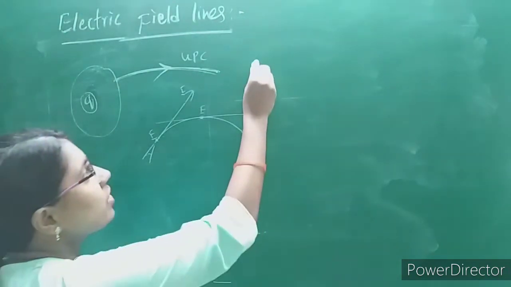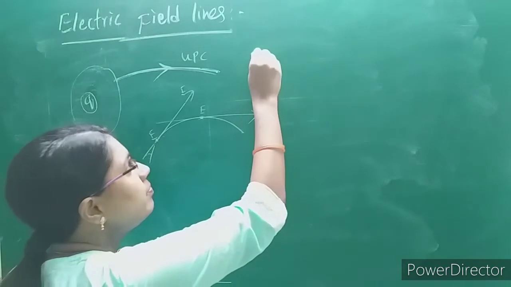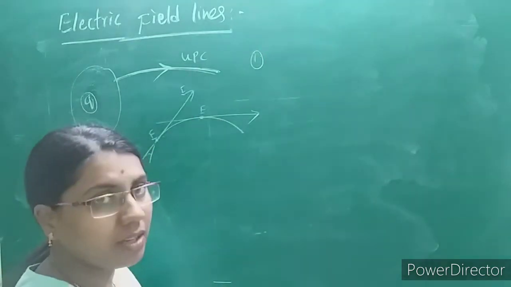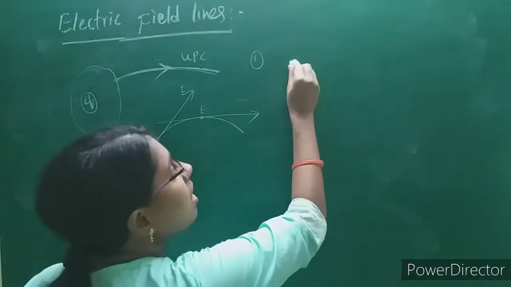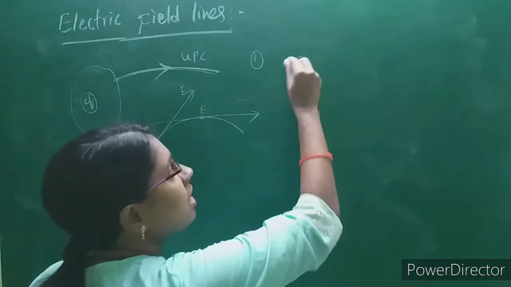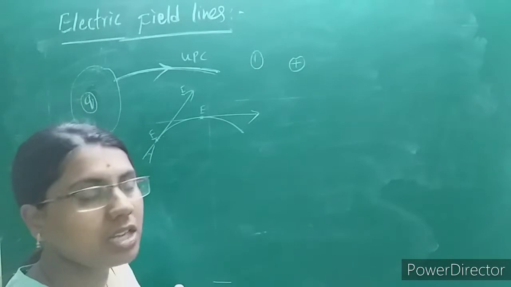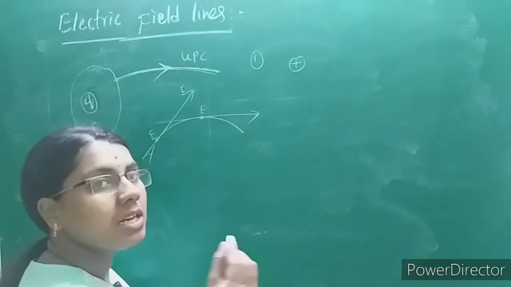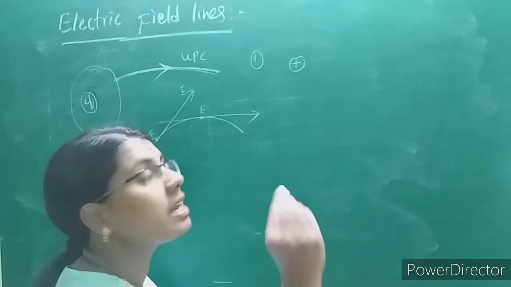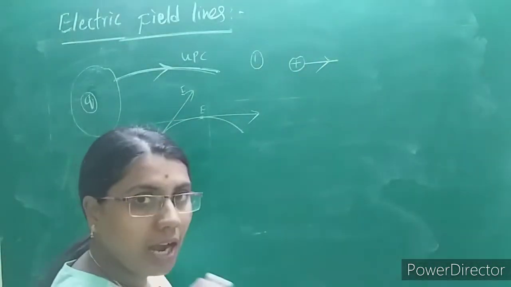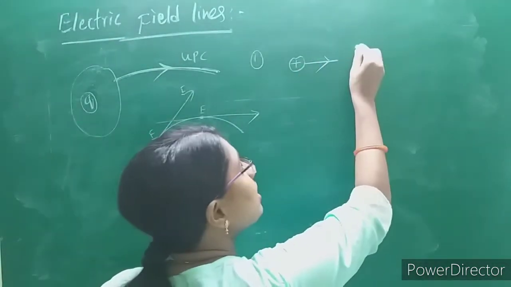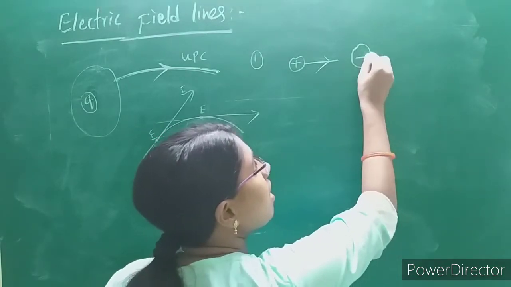The first basic property is that electric field lines always start from positive charge. Starts from positive charge means the electric field lines originate from the positive charge like this, and always terminate at the negative charge.